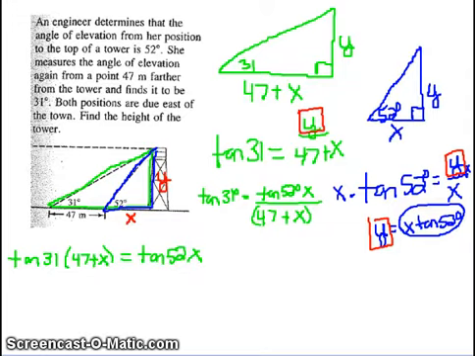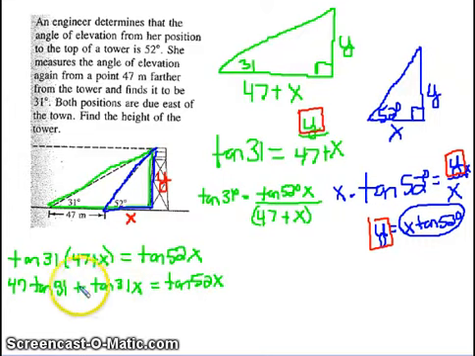We then have to distribute so that we have 47 tangent of 31 plus the tangent of 31x equals the tangent of 52x.